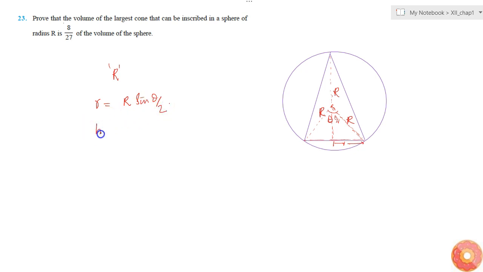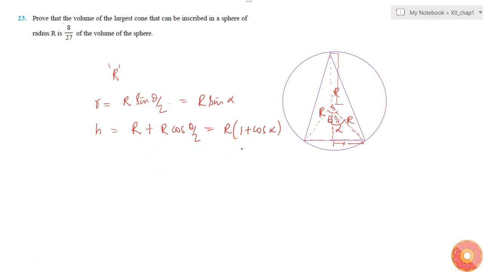Now height will be equal to radius plus, because from here till here it's radius only, radius plus R cos theta by 2, or we can simply say this as R sine alpha. Let's just say this is alpha, then this will become R into 1 plus cos alpha. Now we got everything in terms of capital R and alpha.